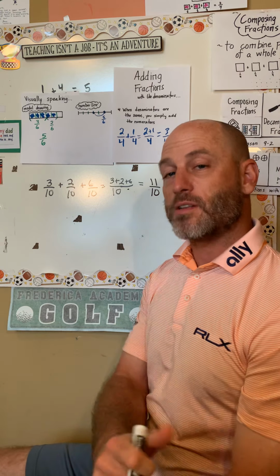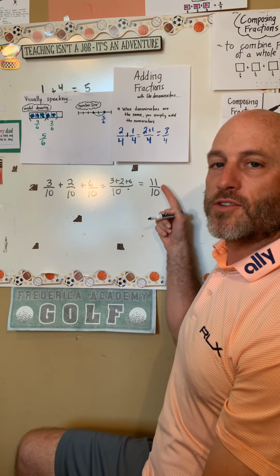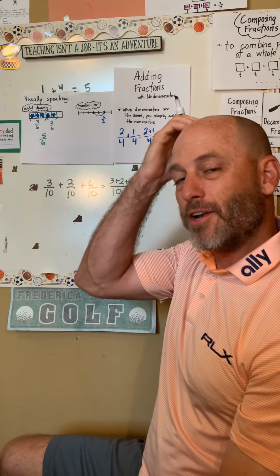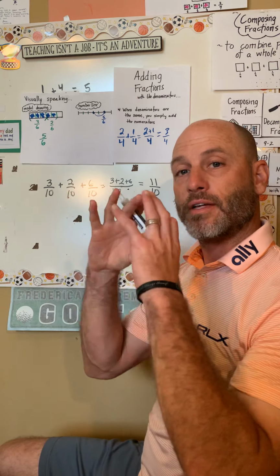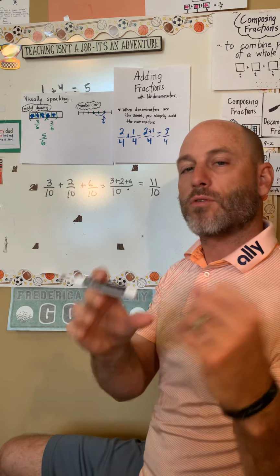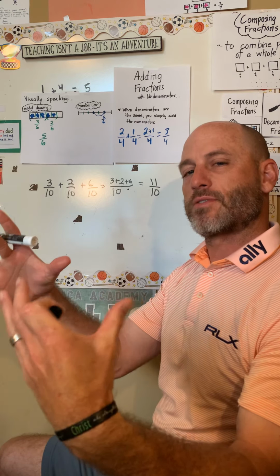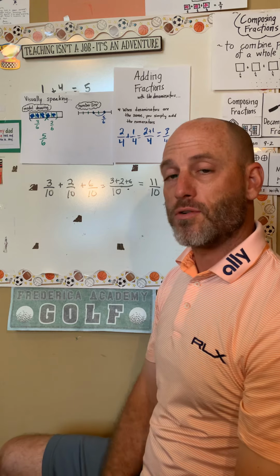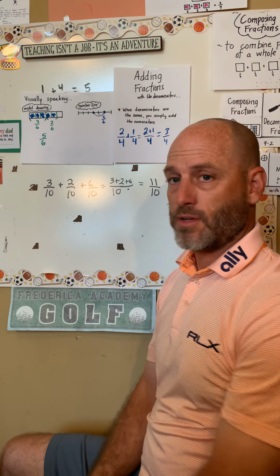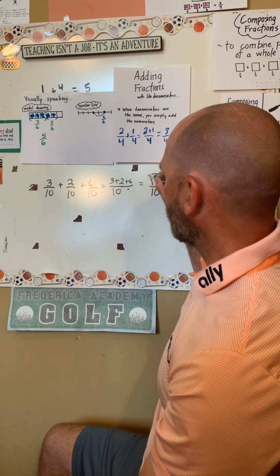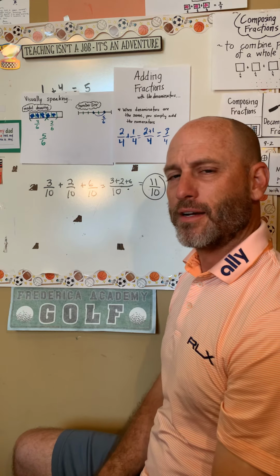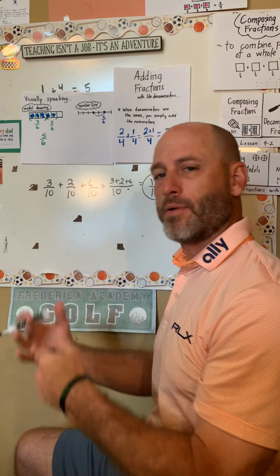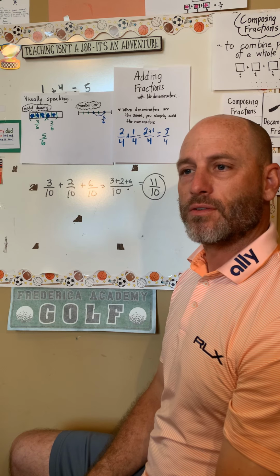One thing I noticed about this, which is why I chose it, is my numerator is now larger than my denominator. I know we haven't really gone over how to convert improper fractions to mixed numbers or mixed numbers to improper fractions, but we have talked about decomposing fractions. I can ask myself, if 11/10 is how many I have altogether, what makes up those 11/10?